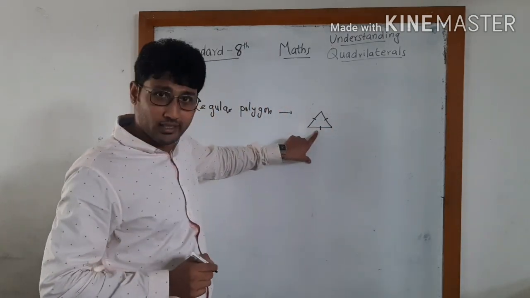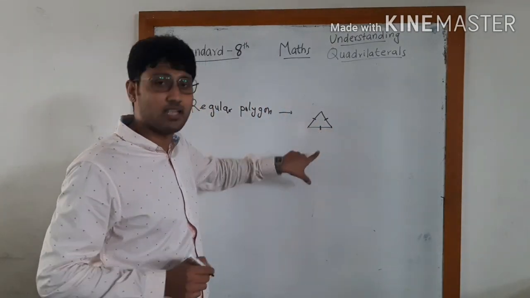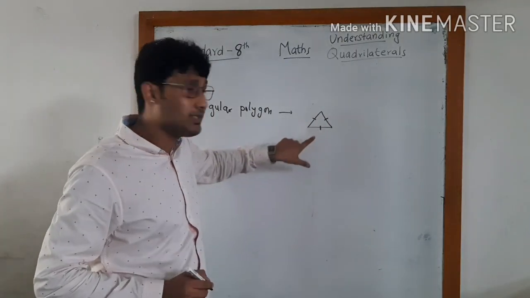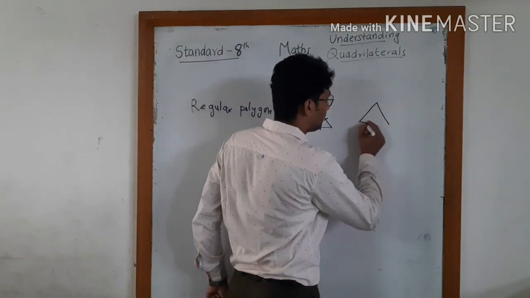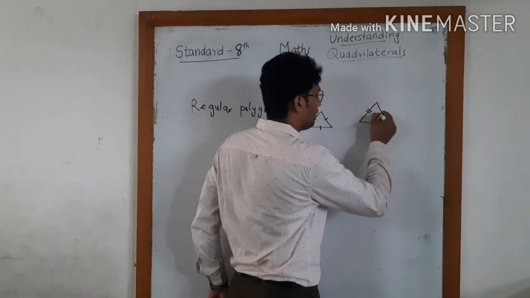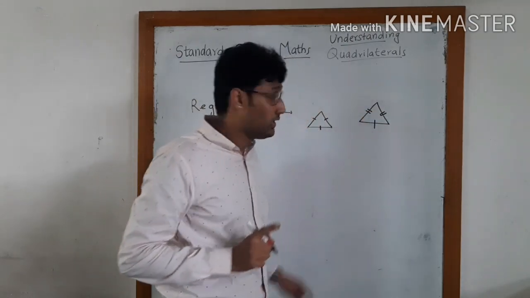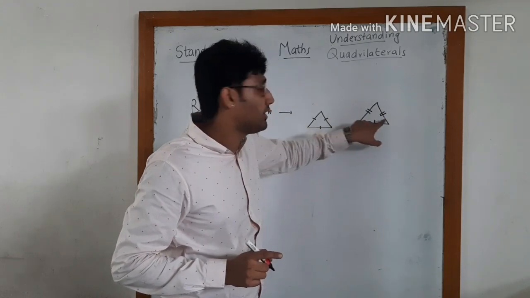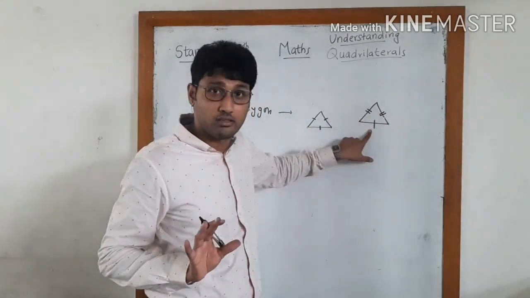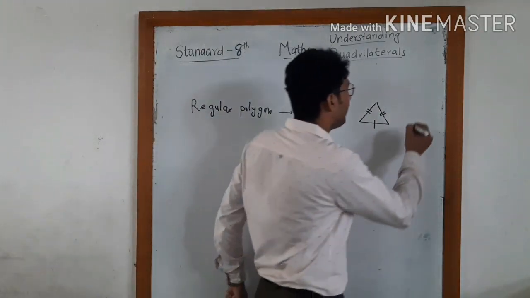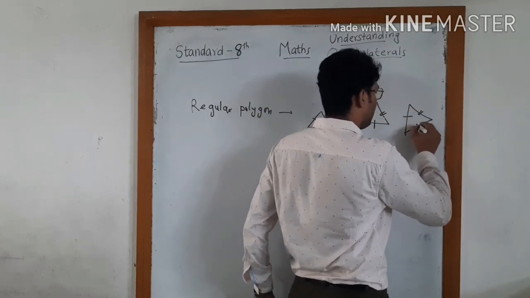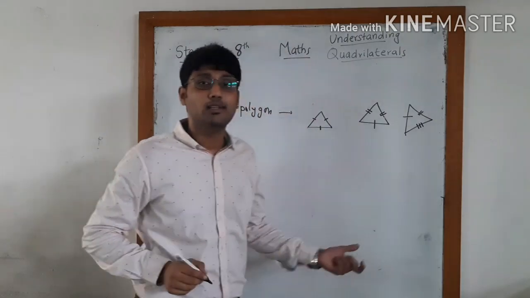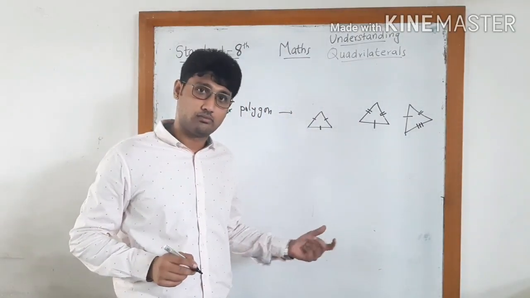When you mark like this on all the sides, this means all the sides are of equal length. If I draw something like this, these two sides are of equal length and this is a different length, right? And if I draw like this, all the sides are of different length.